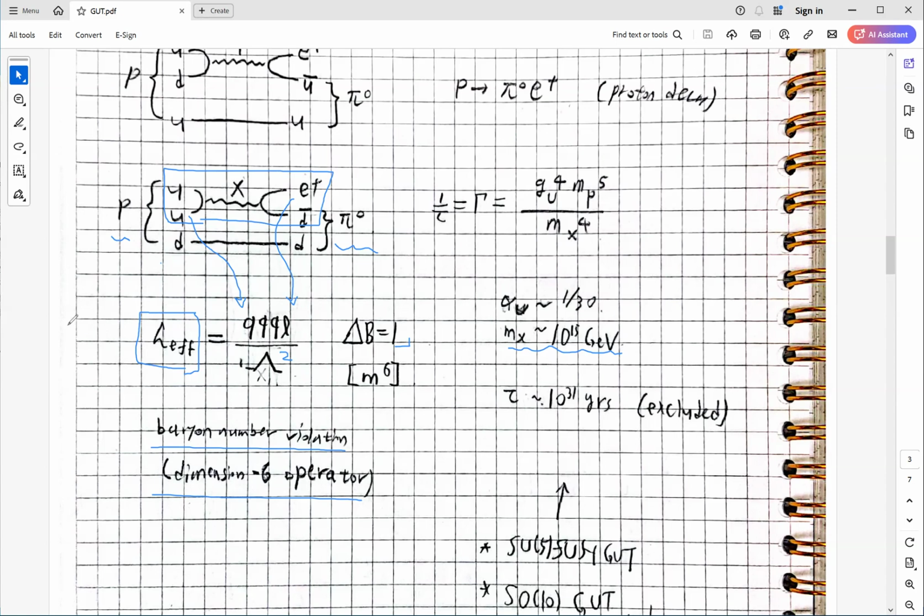So this gives baryon number violation, for example the proton decay. It is already excluded in the minimal GUT, but the SUSY SU(5) GUT or SO(10) GUT is still alive, so there are still discussions on the theoretical and experimental side.